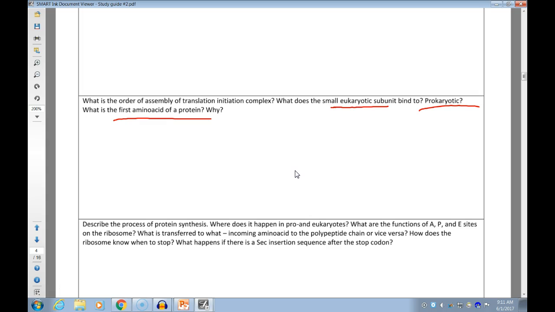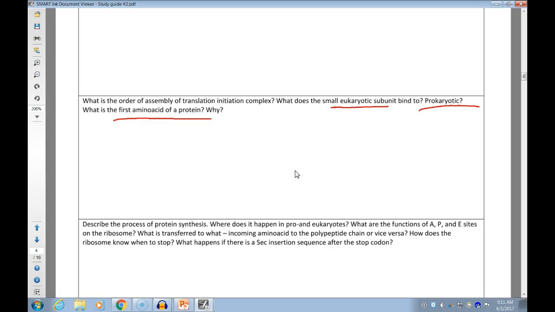Methionine, MET. The reason is that the start codon, AUG, is also the methionine codon. It's always methionine. And then the large subunit sits on top of that, and you get your initiation complex done.